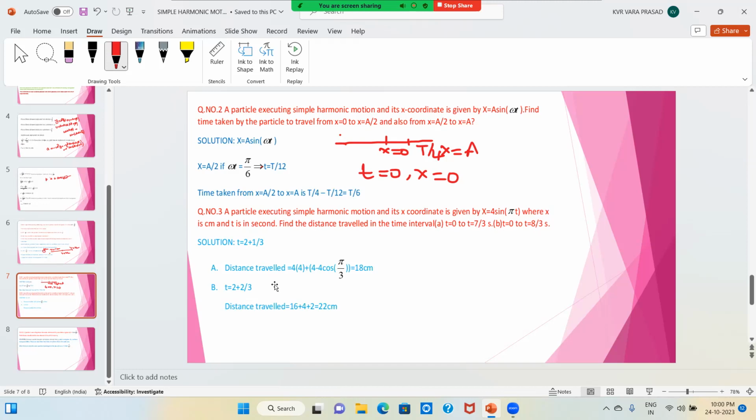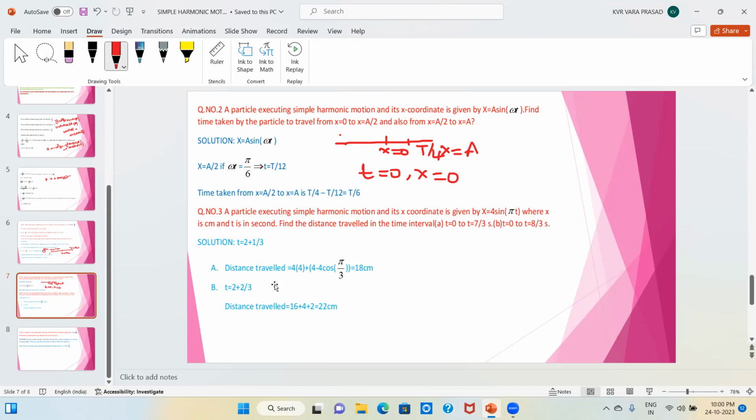Especially when you want to calculate distance traveled, we should be very careful. Here the particle is following a straight line path, but the direction of motion is continuously changing. So whenever the direction of motion changes, we have to calculate the distance traveled very carefully.